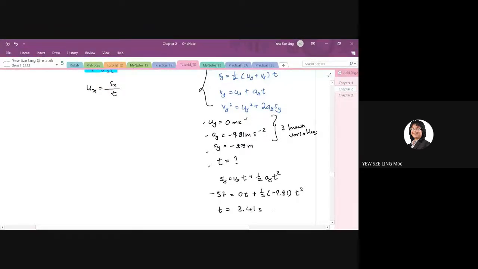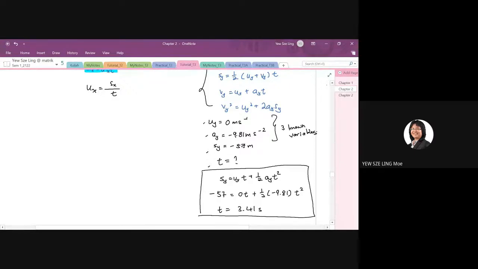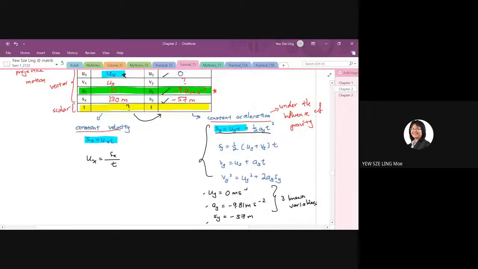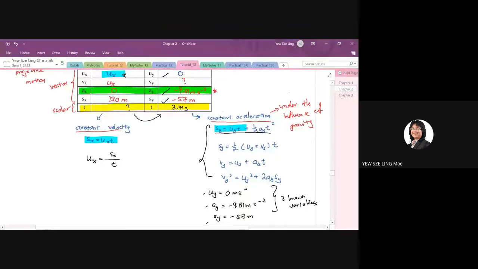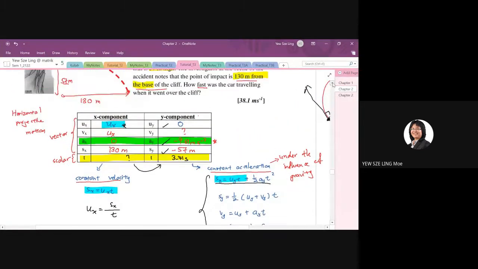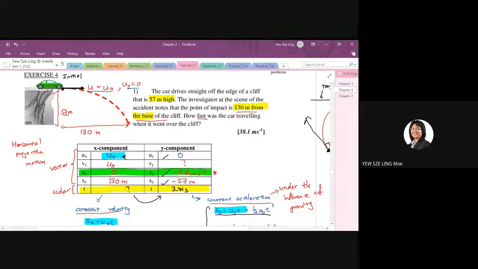Now that you have time, and you obtained this time from the y component, you complete the table. So now time for the y component is 3.41 second. Now time, like I told you just now, is a scalar quantity. If this 130 meter takes 3.41 second to arrive, then this 57 meter vertical component will also take 3.41 second to arrive at this position.